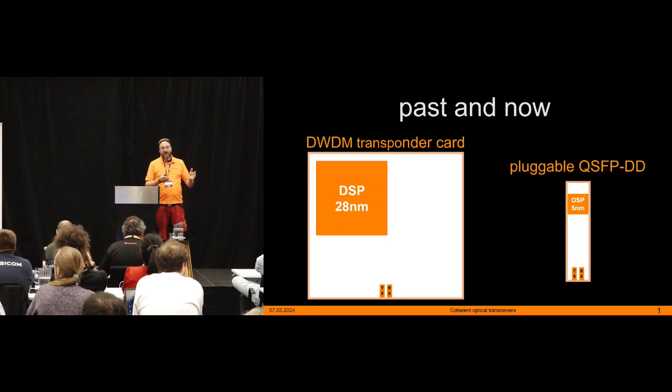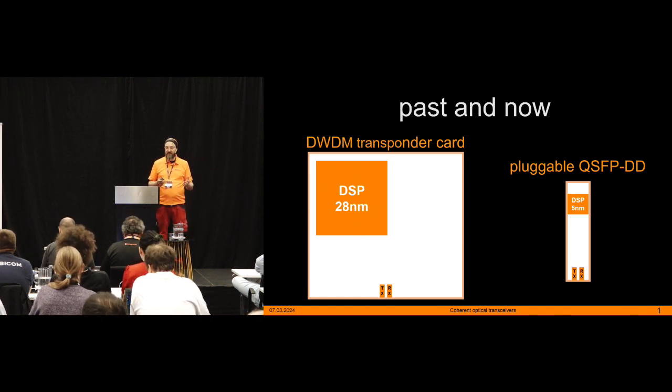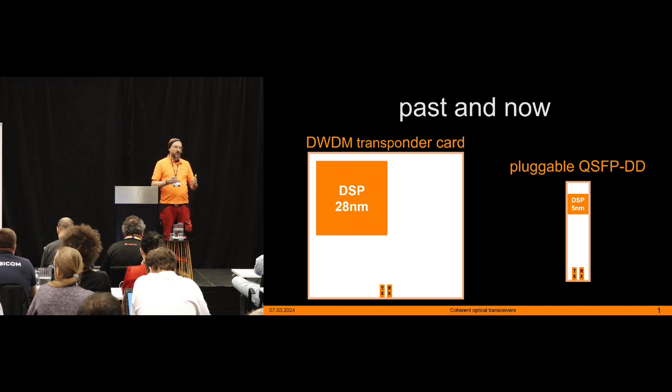So a little bit of history. DWDM or coherent technology was around, or is around, for quite a long time, a couple of decades. But so far it was only used on big transponder cards, which you might be familiar with from your transport gear. And on that transponder card, to enable coherent technology, there is a DSP, a digital signal processor. In the past, they were big and huge because of manufacturing capabilities of how to produce a chip.